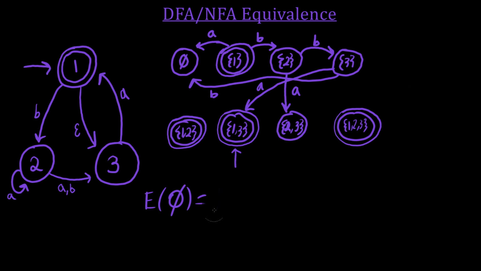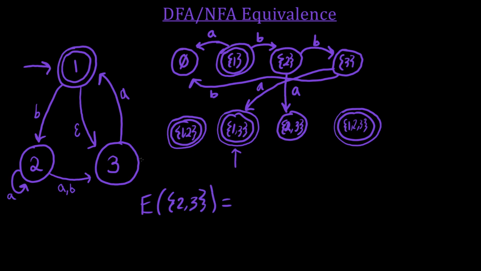Great. Now let's do the bottom row. So now we're looking at the state at the bottom left, and this state corresponds to the idea of being in the state 1 and the state 2 at the same time in the NFA. So we're going to start at the states 1 and 2 and look at the set of states in the NFA reachable from 1 or 2 on the character A. On state 1, there are no states reachable on character A, and on state 2, 2 and 3 are reachable on character A. So we want to take the epsilon closure of the set containing the states 2 and 3.